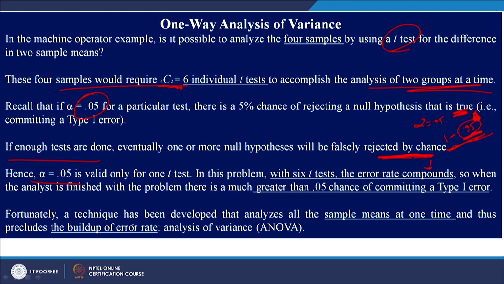So, a technique has been developed that analyzes all sample means at one time and thus precludes build up of error rate. So, you can minimize the errors which you build up over performing 6 hypothesis tests, right. So, that is why ANOVA is used.